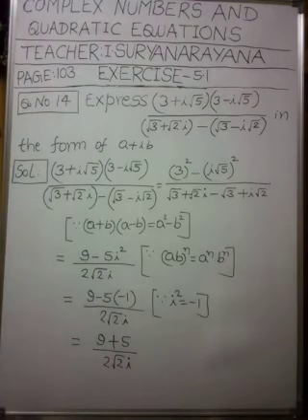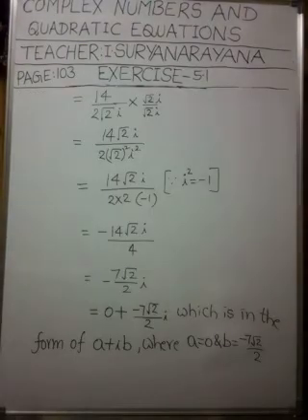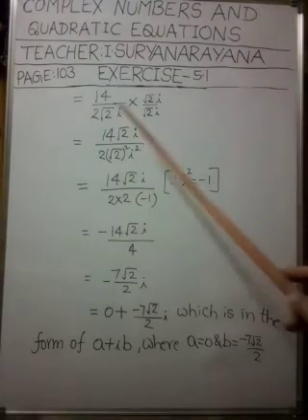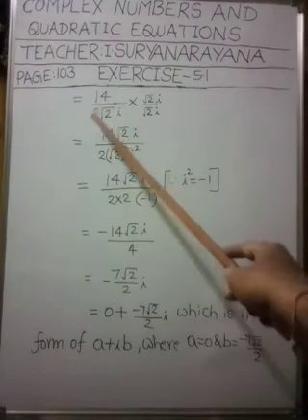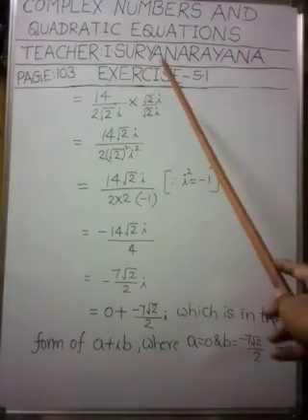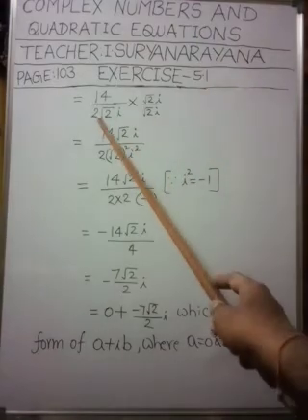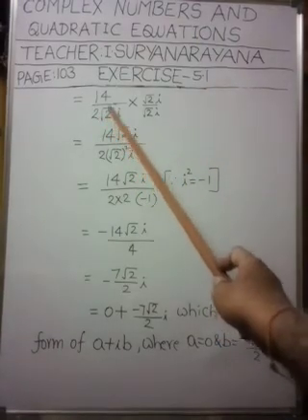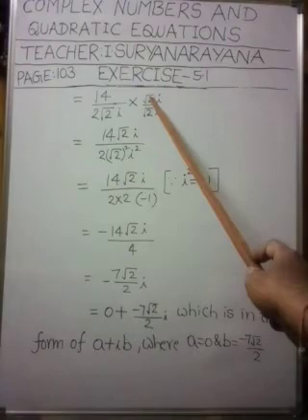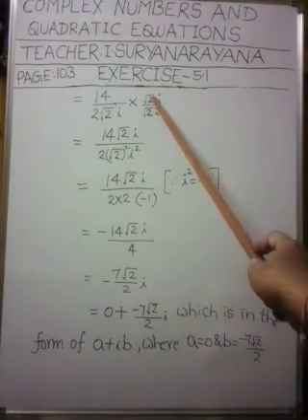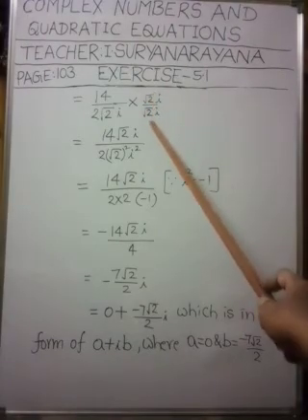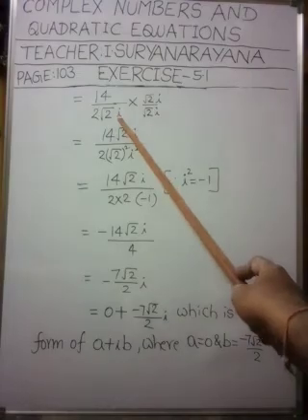We have to make it a real part. Okay, my children? Right. To make this denominator a rational number, we are multiplying the numerator and denominator by its rationalizing factor. So for 2 root 2i, the irrational number here is root 2. So we multiply by root 2. Okay, my children, numerator and denominator by root 2i, because i is also there.